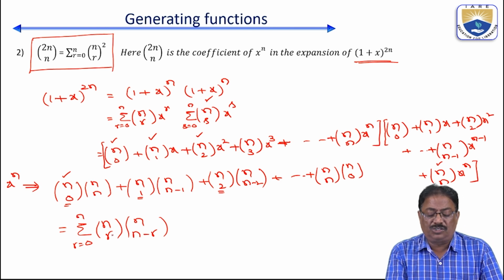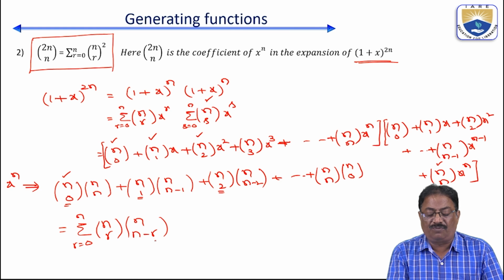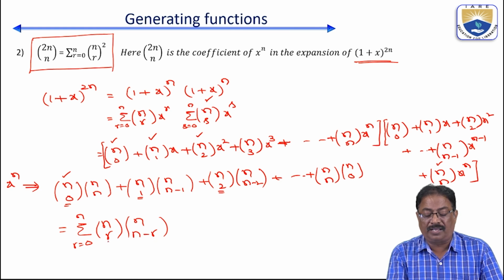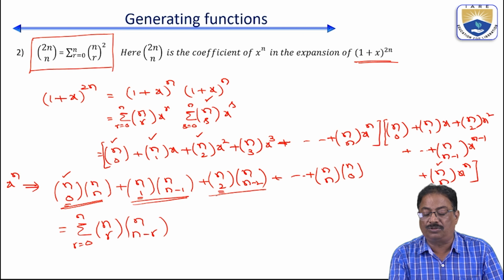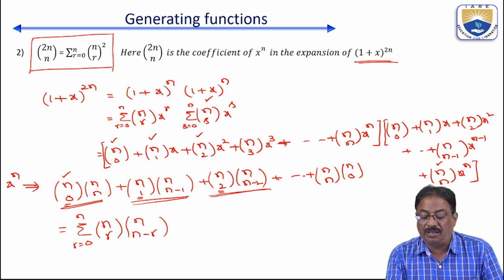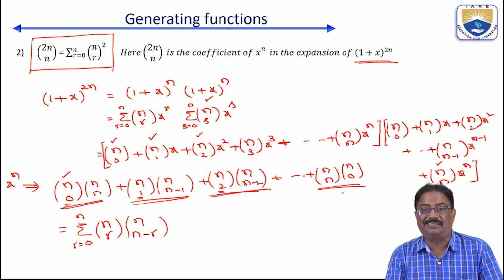Now observe r equal to 0, it is nC0, nCn. r equals to 1, nC1, nCn minus 1, like that. So r equal to 0, I get the first term, r equal to 1 second term, r equal to 2 third term, r equal to 3 fourth term, like that. r equal to n, I get the nth term.